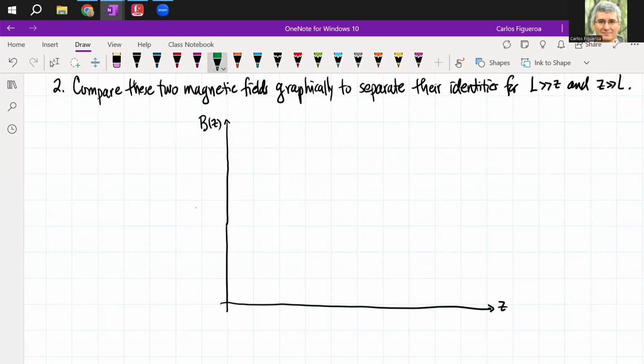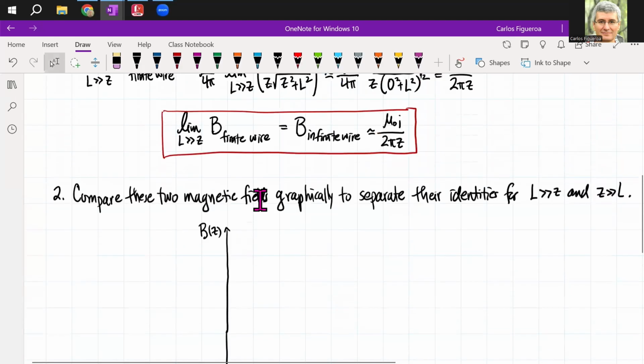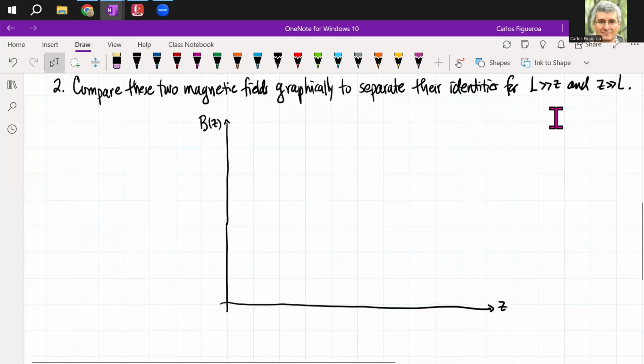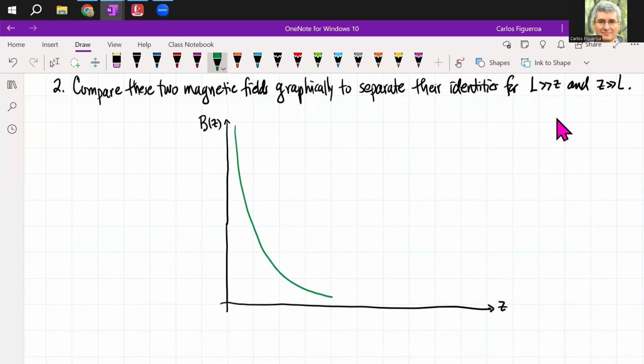When you look at the relationships, you could see that the finite wire and the infinite wire are both going to behave exactly the same. They're both going to behave as 1 over Z. Let's say that this is the finite wire. I'm going to get a magnetic field that looks something like this.